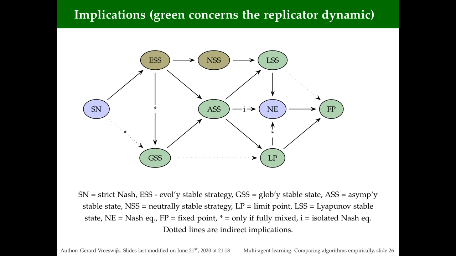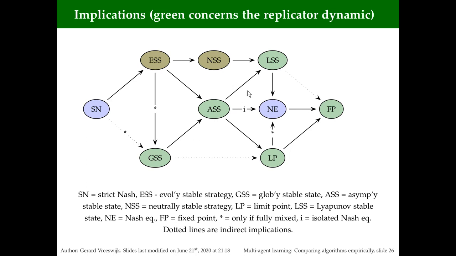So we repeat the implication of this presentation on the replicated dynamic. Again, the green nodes concern the replicated dynamic, which can be seen as a dynamical system, a point that moves in space and is guided by a differential equation.